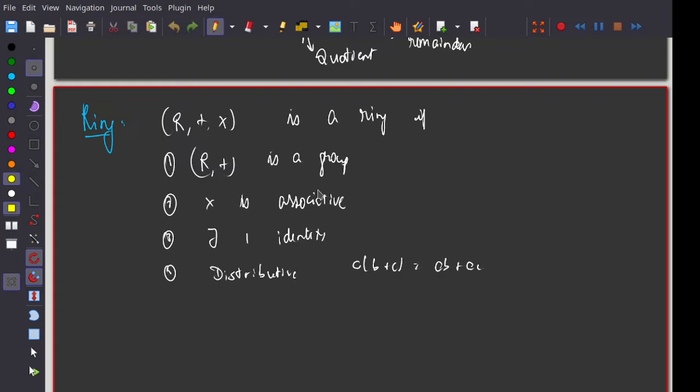Of course, if you have a field, then you can do all kinds of operations: addition, multiplication, division. It's closed under division as well. But it's okay if some sets are not closed under division. For example, the set of all integers is not closed under division. If I take 2 by 3, then this is not an integer. But there is still a well-defined notion of division.